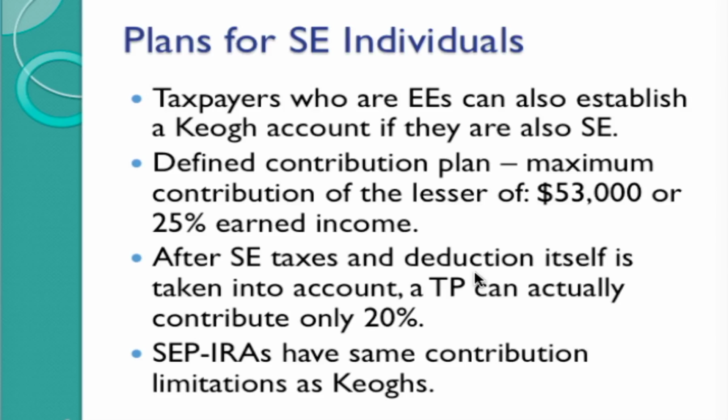We're not going to get into a lot of the specifics other than just knowing that these plans are out there, and you can take a look at some of the specifics of these plans within your textbook. There's a chart there that shows some of the specifics, but getting into the minutiae of these plans is kind of beyond the scope of this class.